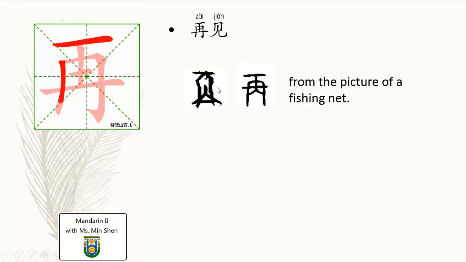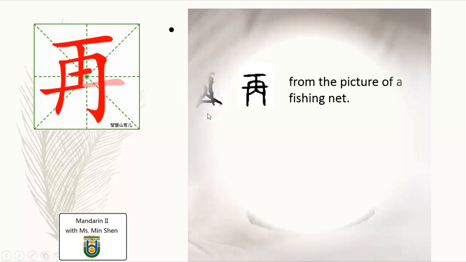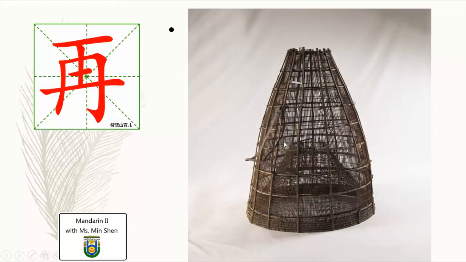What is that? Actually, this is a fishing net. So it looks like this. Today, somewhere they still use this. This is a basket or net made from, I think, bamboo. And inside, this is the entrance.